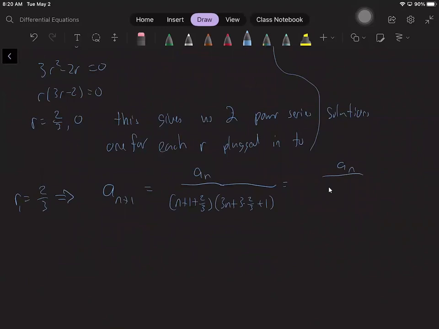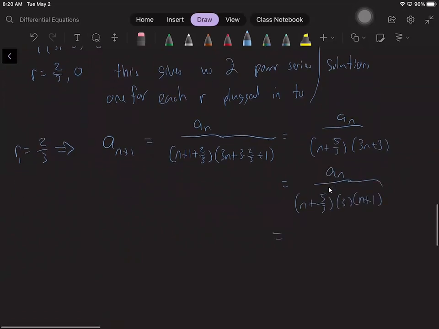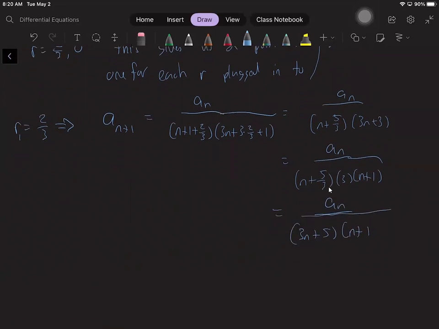If I write this as n + 5/3, and this becomes 3n + 3, I can factor a 3 out from the second one and multiply it into the first one, so I get 3n + 5 times n + 1. That's the relationship for r equals 2/3.